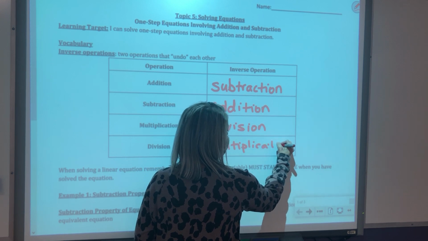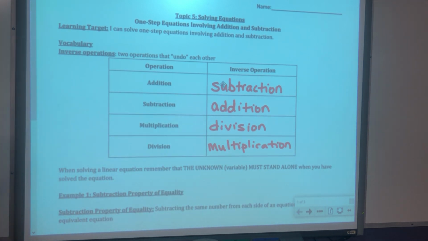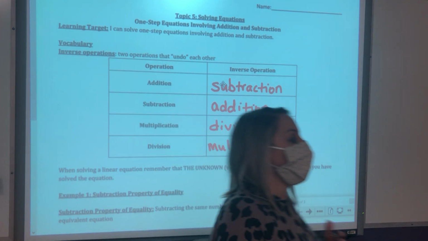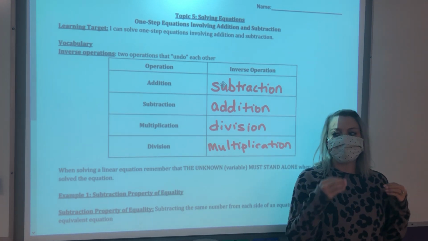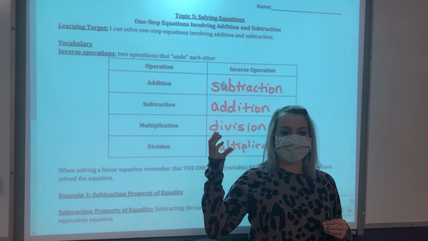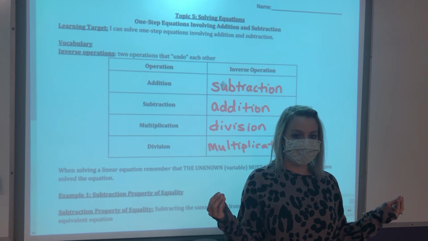Even though we're not doing those, it's good to know those. These operations undo each other. We're going to work with some properties of equality today. Our main goal is to get our variable on one side and our constant term on the other.